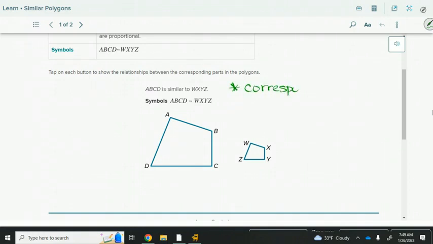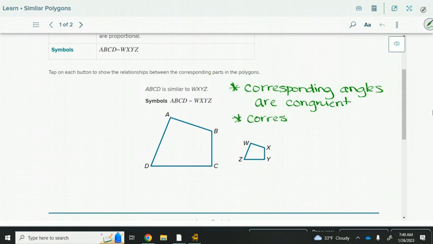Corresponding angles are congruent, corresponding sides are in proportion. And what that really means is the scale factors match.